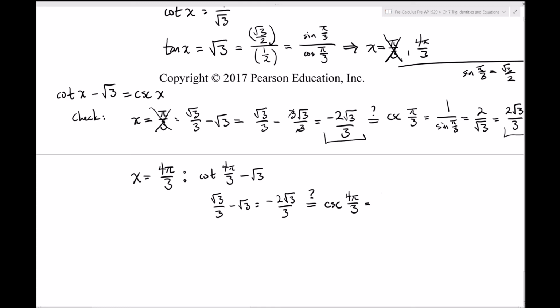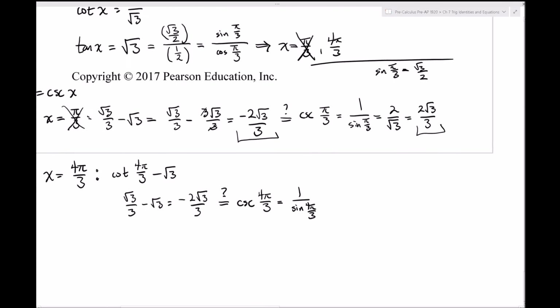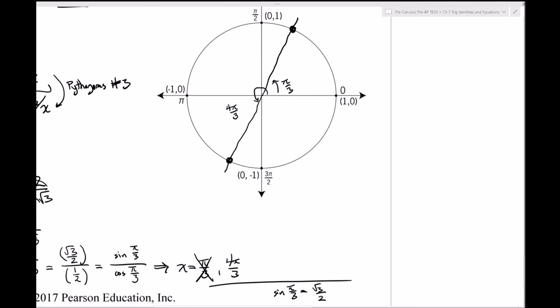Cosecant of 4 pi over 3 is 1 over the sine of 4 pi over 3. Sine of 4 pi over 3 is the y-coordinate at this point, so that is negative square root of 3 over 2.